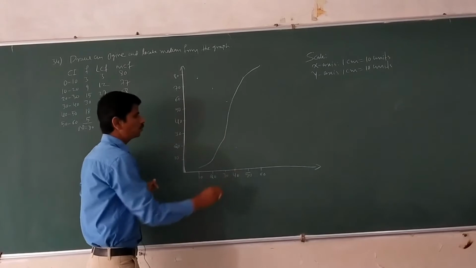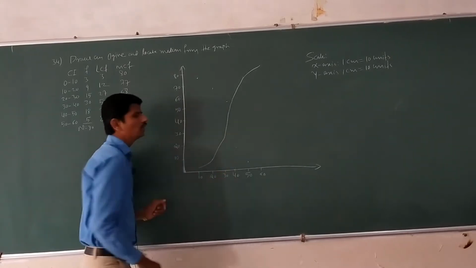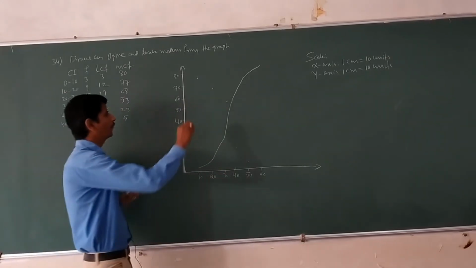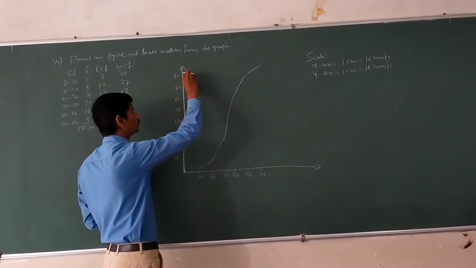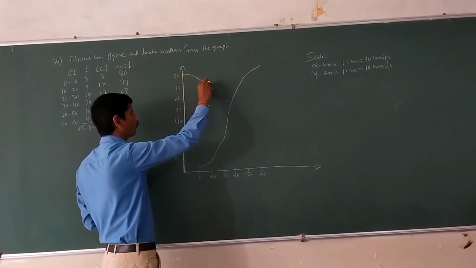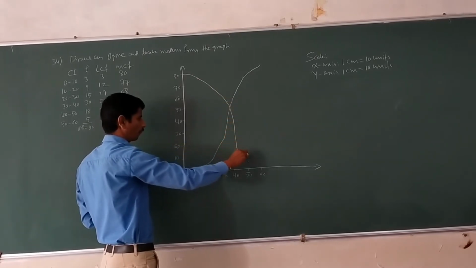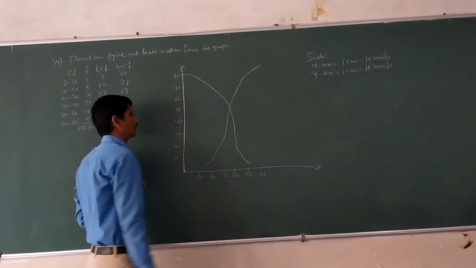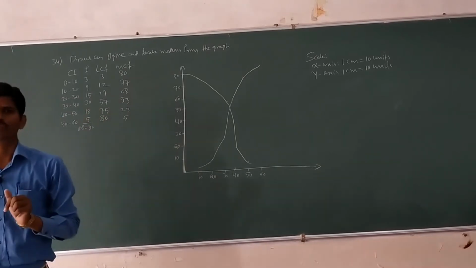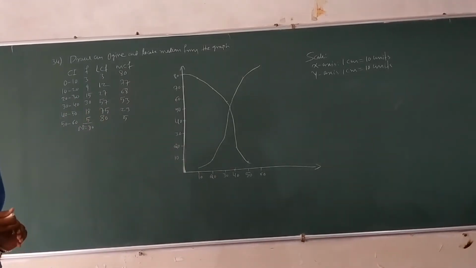These points are joined by a smooth curve or free-hand curve. See, it is an ogive curve.